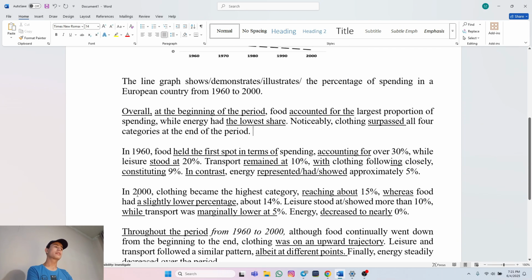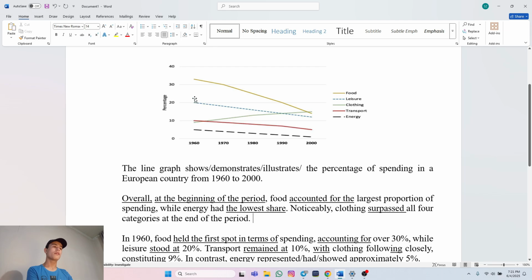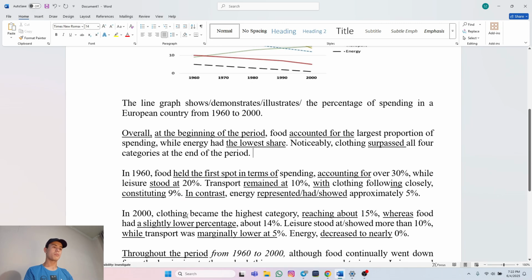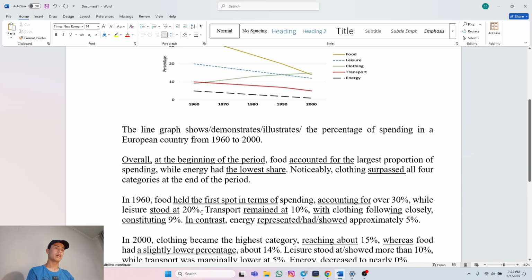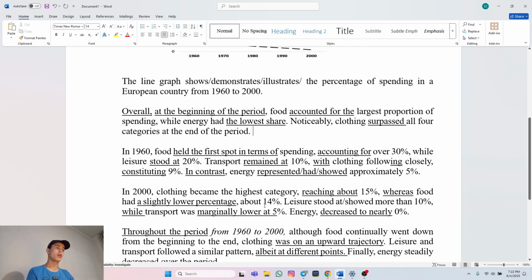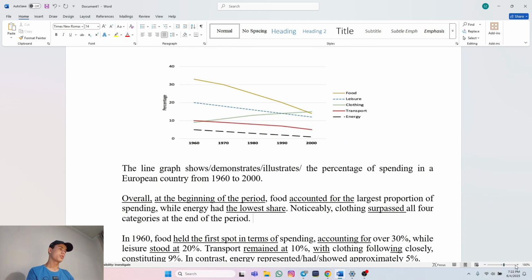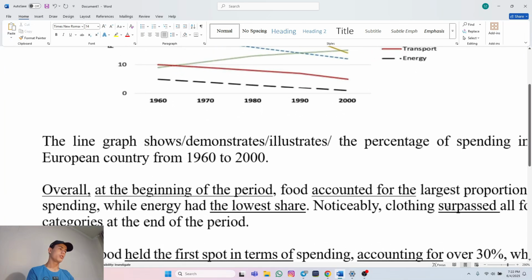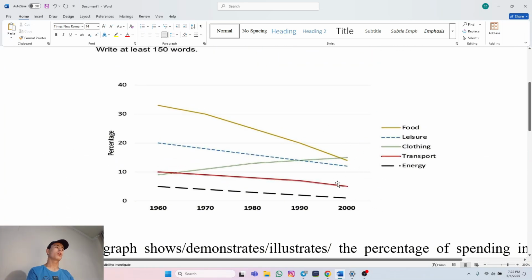Okay, and in the first body we have already described this. We have to give this year's information in our second body. Okay. In the second body, as I mentioned above, we describe this year's information. First of all, we look at this closely. In the first spot, we can see clothing, right?